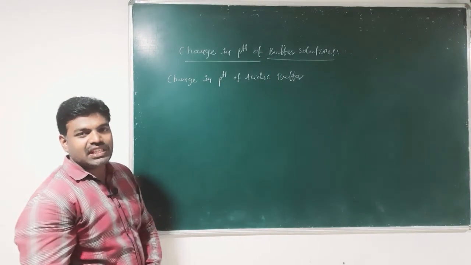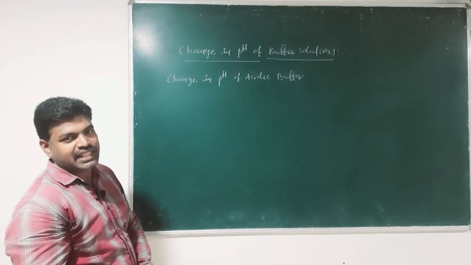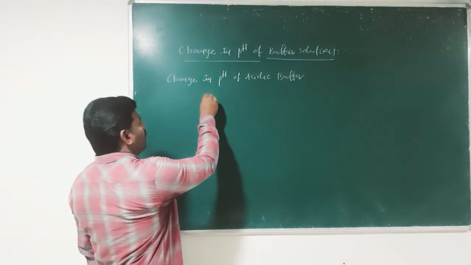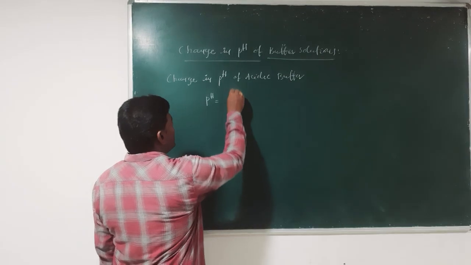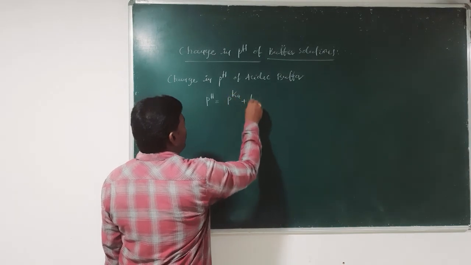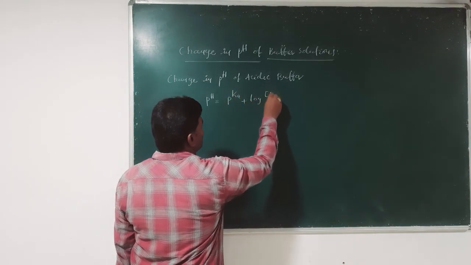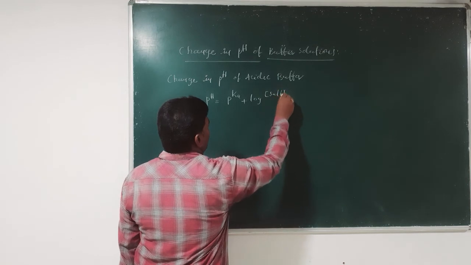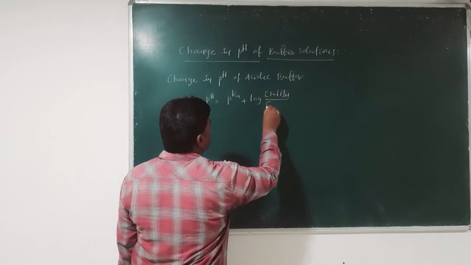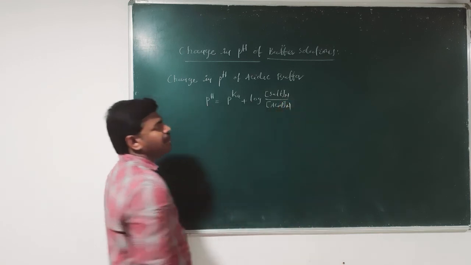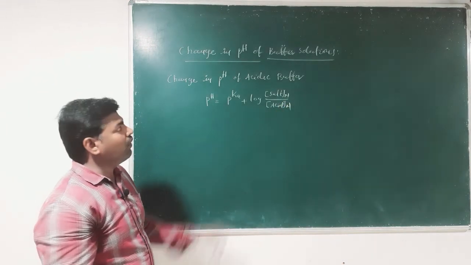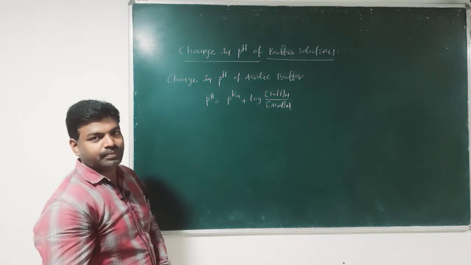What is the equation for pH of an acidic buffer? pH is equal to pKa plus log concentration of salt by concentration of acid. This is the pH of acidic buffer.